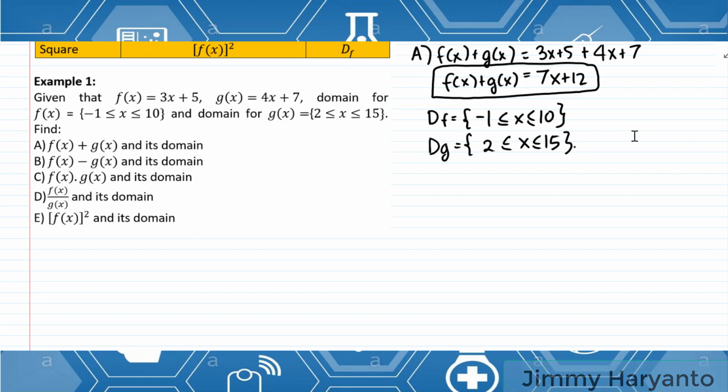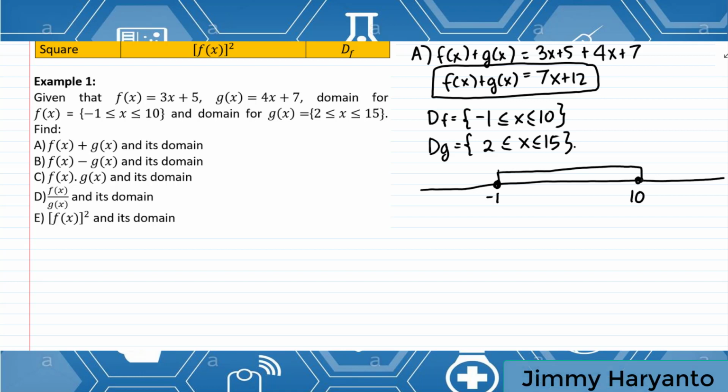To intersect them, you have to use a number line. Draw a number line like this. Then put the numbers negative 1 until 10 for the first x, and give it a box. And then for the second one, 2 until 15. 2 is right here, and 15 is right here.